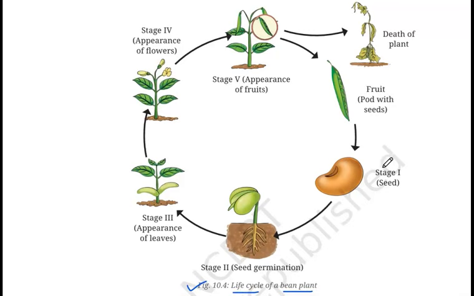So it starts with stage 1. In the first stage we have a seed. Now what do we do? We bury the seed inside the soil. When we bury the seed inside the soil, what happens? The seed erupts sprout. This eruption of sprout from the seed is called seed germination.